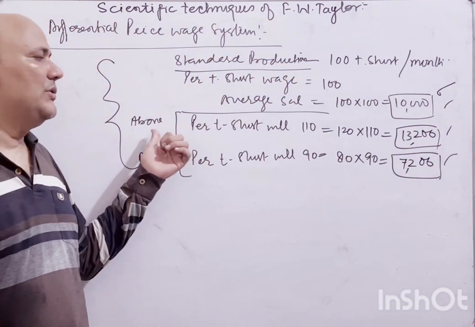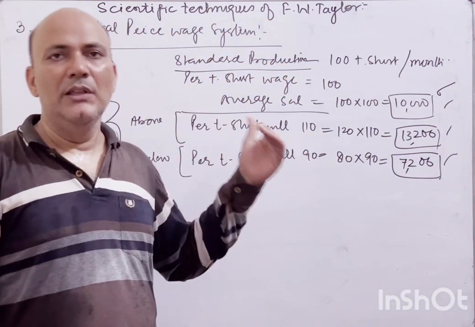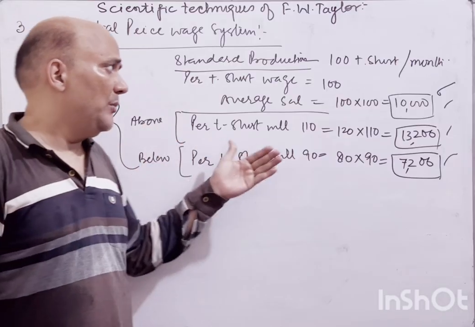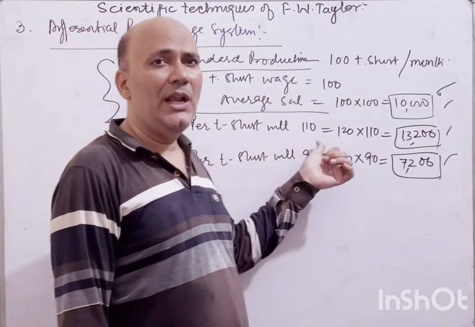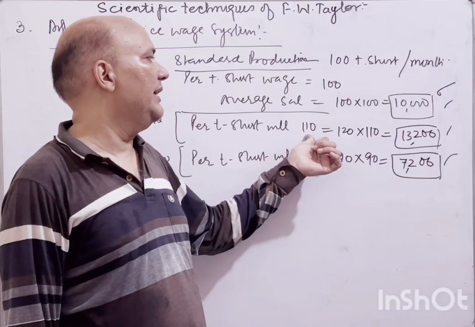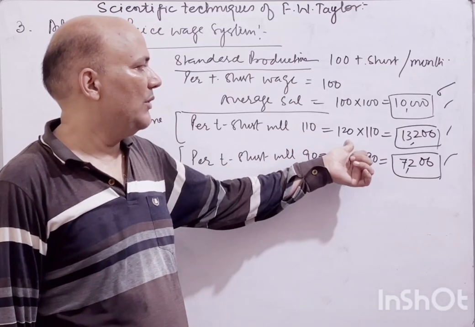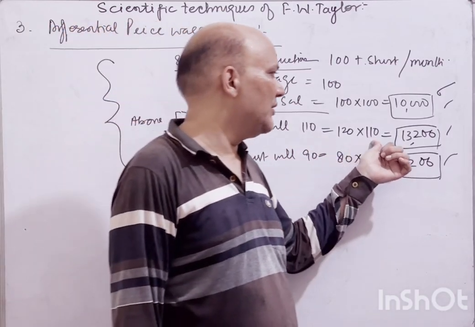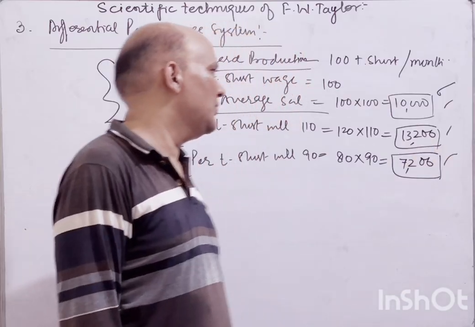And if somebody is going above that, he will be given more salary so that he can be motivated to do more production. So in this case he is getting 110 rupees per t-shirt, making 120 t-shirts, so on the basis of 110, he is getting 13,200.